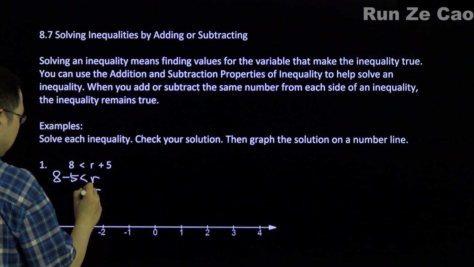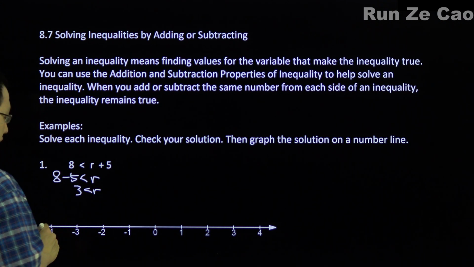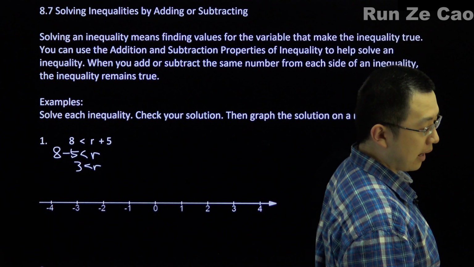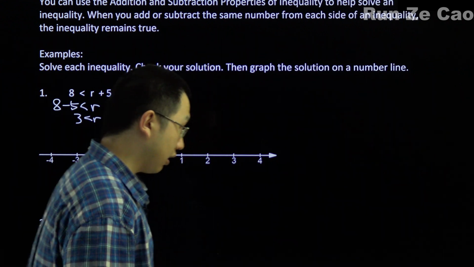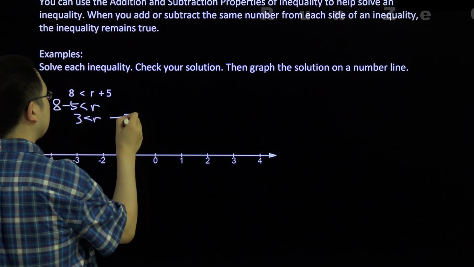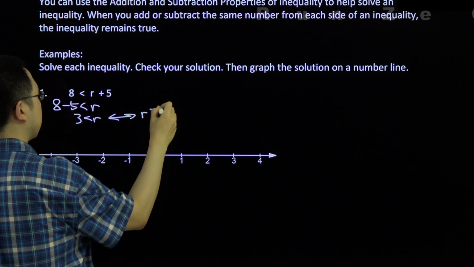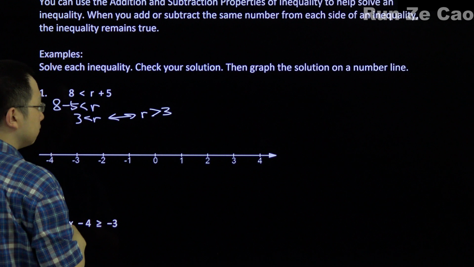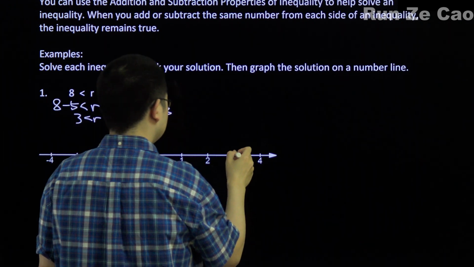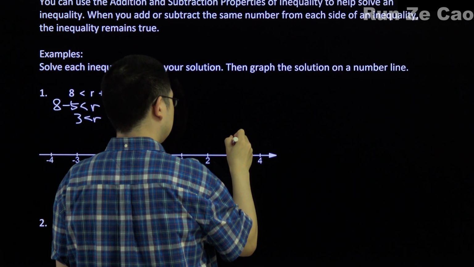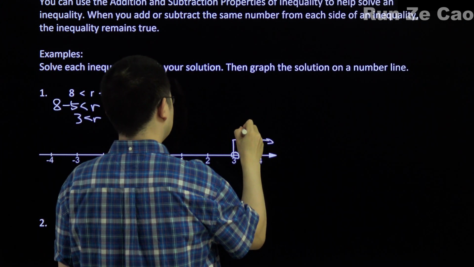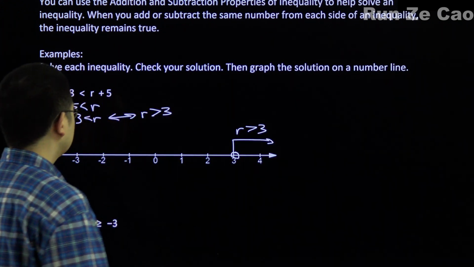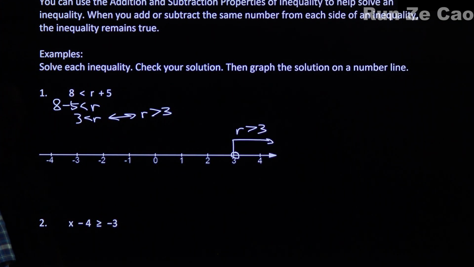So r is greater than 3. Or rather, 3 is less than r. Like this is the same as r is greater than 3. Then graph the solution on a number line. Okay then. R is greater than 3. Okay?